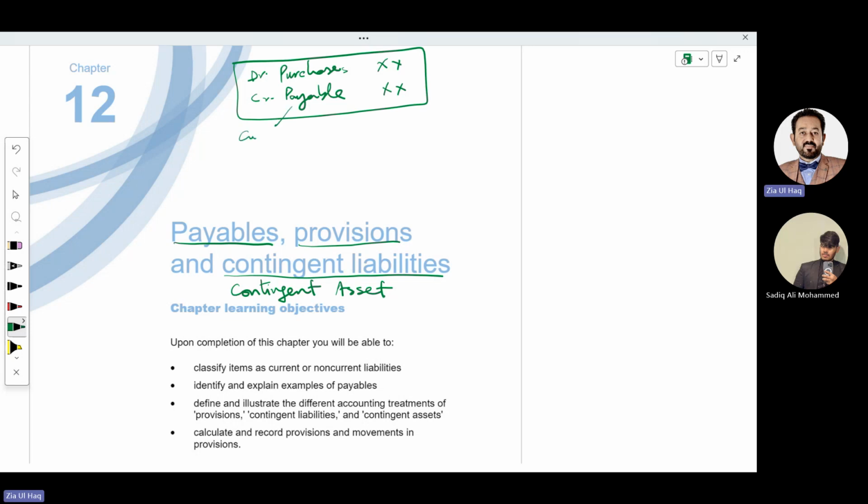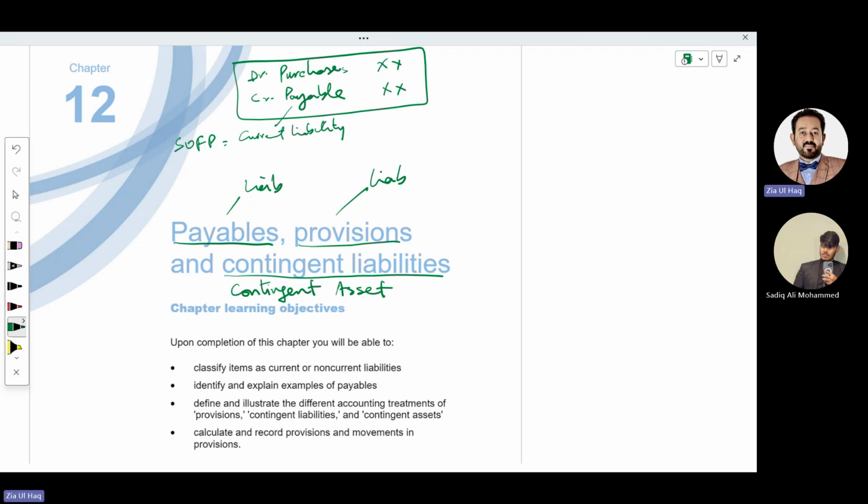It's a current liability, where it is recorded in the statement of financial position as a current liability. So payable is a liability. Simple. There's nothing more. Payable is a liability. Provision is also a liability.